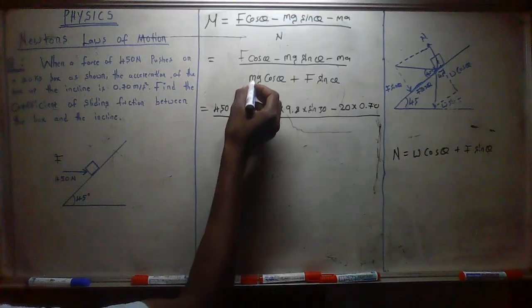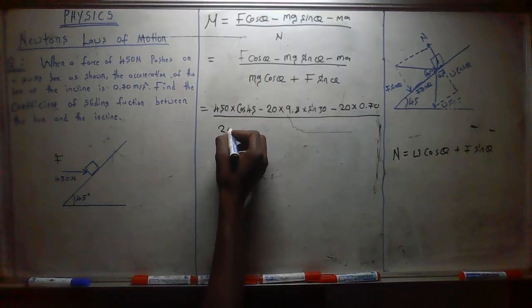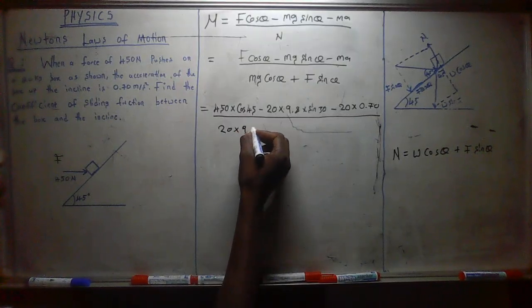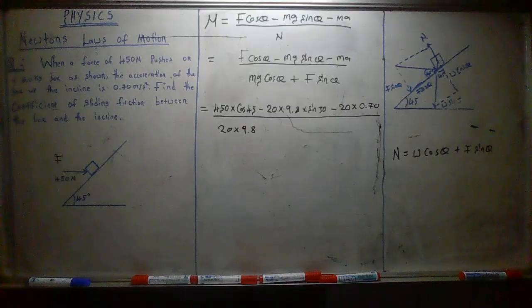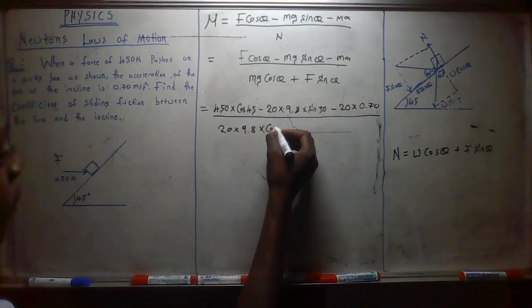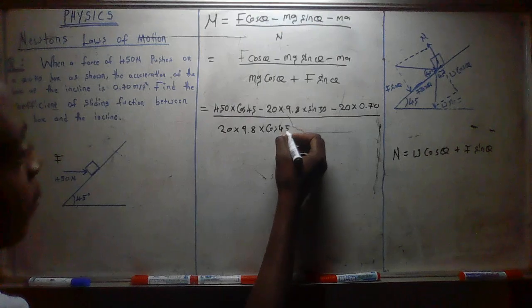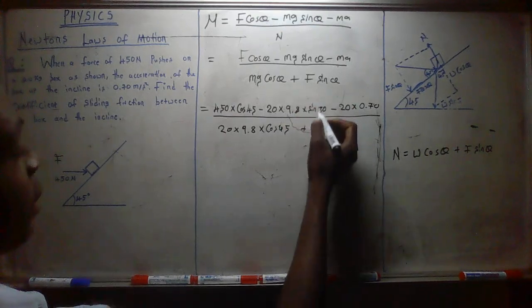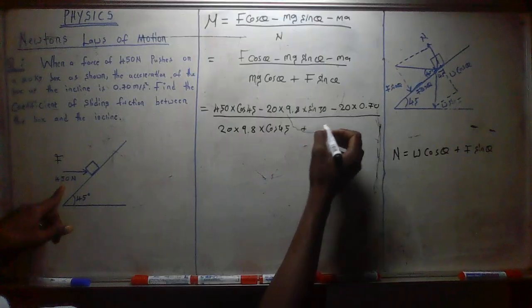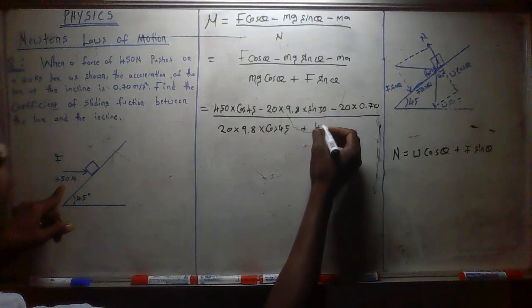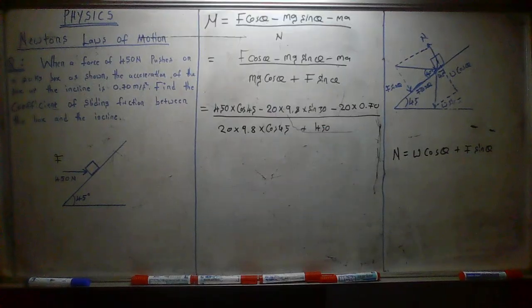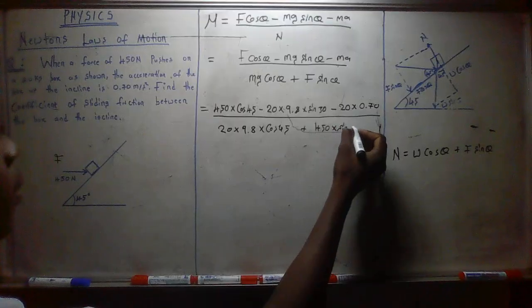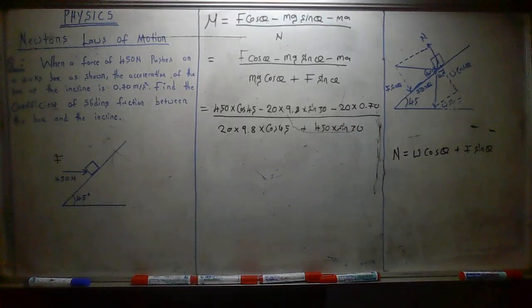Over mass is 20, gravity 9.8, okay, by cos 45 plus F sin theta, which is, that is F is 450 Newton times sin 30.